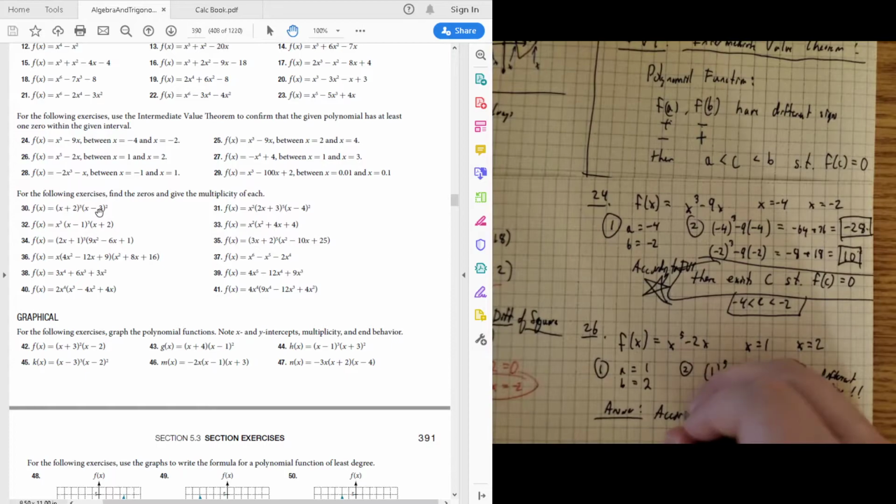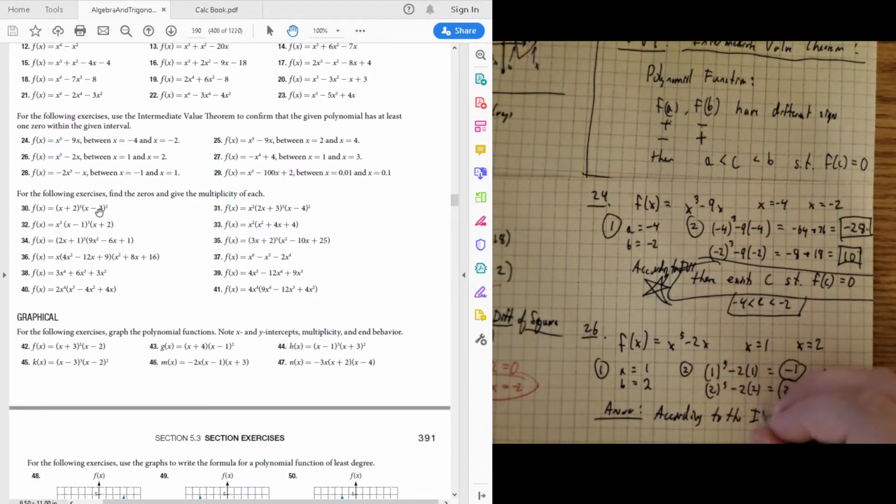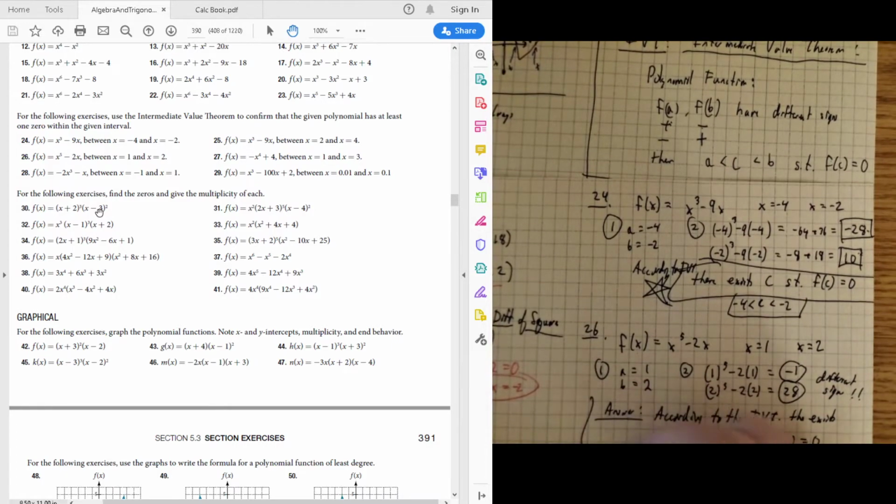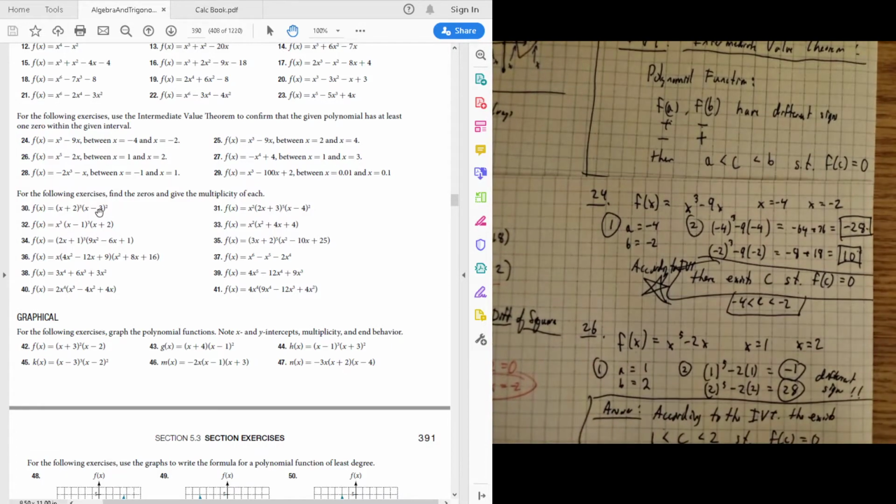According to the IVT, there exists c, which is between 1 and 2, such that f of c equals 0. That's the answer.